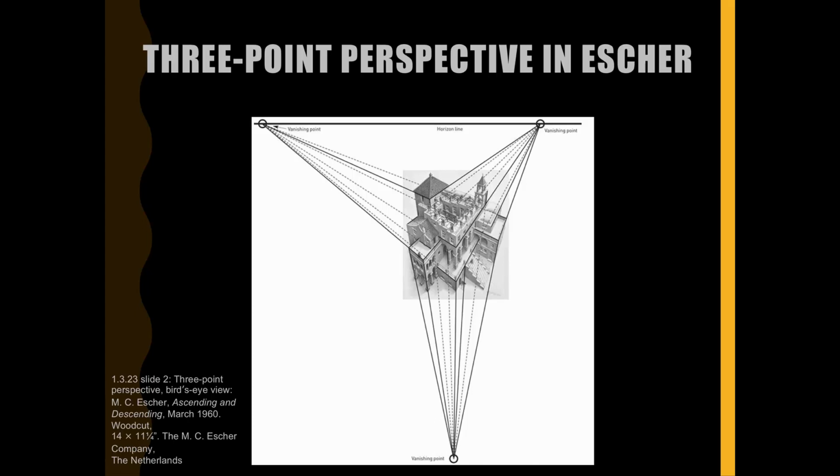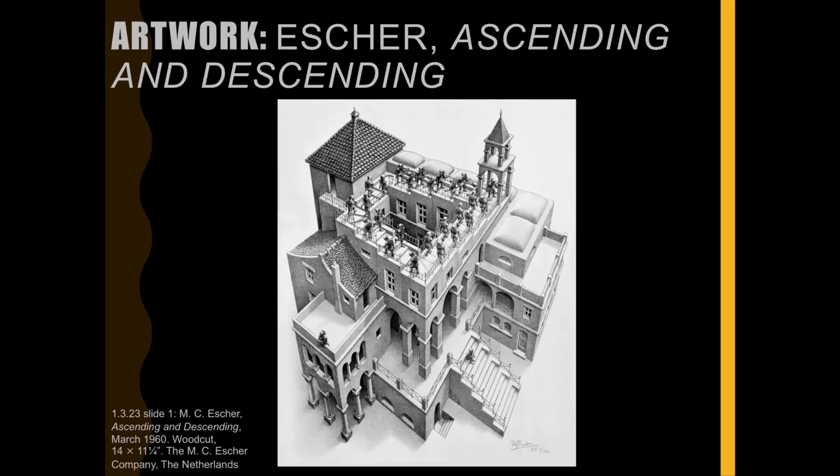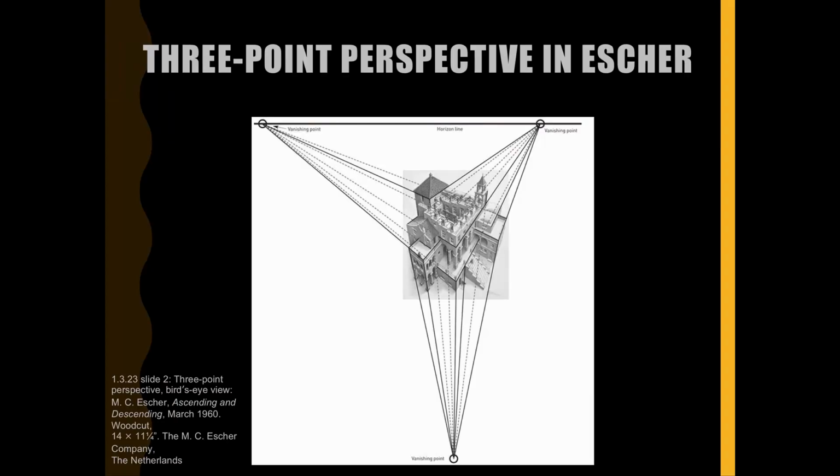If it's below the horizon line, it's called a bird's eye view, and if you build something above it, then it's what's called the frog's eye view. So the third vanishing point is not on the horizon line. This one is more complex. Advanced drawing students struggle with that one, but it makes for great image work. Just so you can see this here.